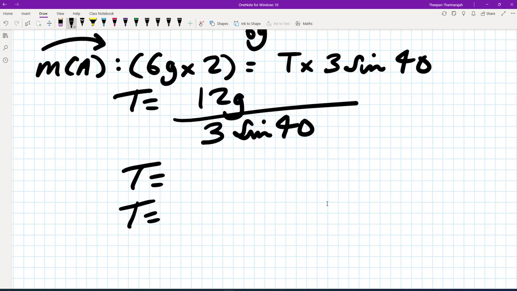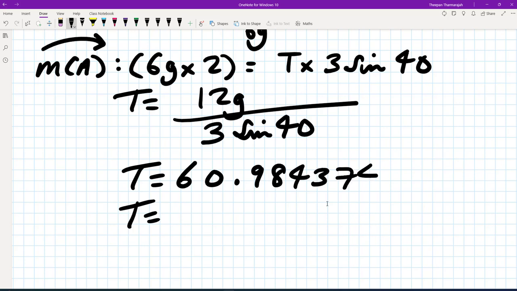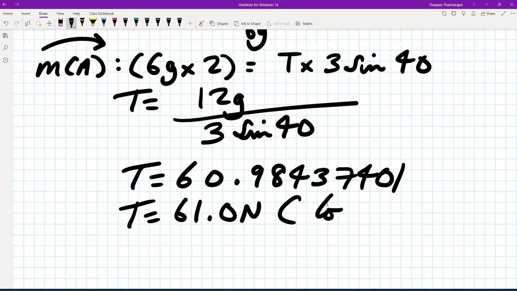That gives me the following: 60.984374 01, and that's 61.0 newtons, correct to 3 significant figures.